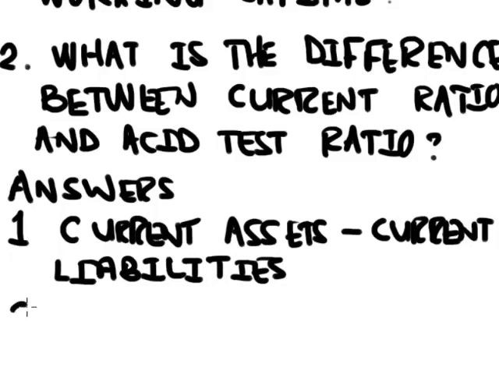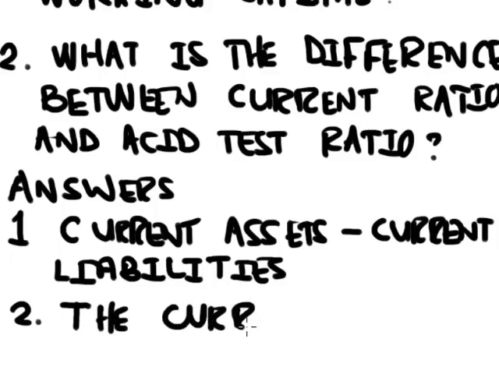And number 2, what is the difference between the current ratio and the acid test ratio? There is one difference only, and that is the use of the current asset, namely, which current asset do we include in the current ratio? We include our inventories.